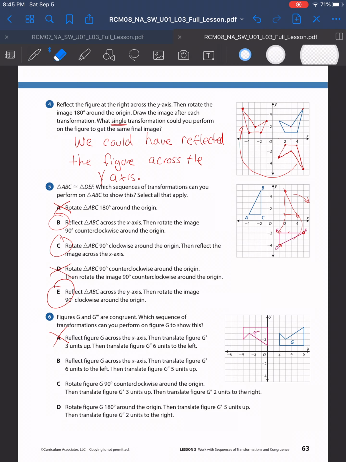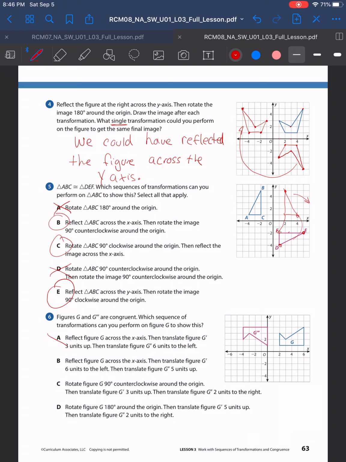How about B? Reflect figure G across the x-axis. Okay. Wait, I did A wrong, didn't I? I reflected it across the y-axis. So it says reflect it across the x-axis and then move it. So, okay, even if I reflected this over here and then I moved it 6 units up, it would still not land on the right spot. Okay, so A is for sure wrong.